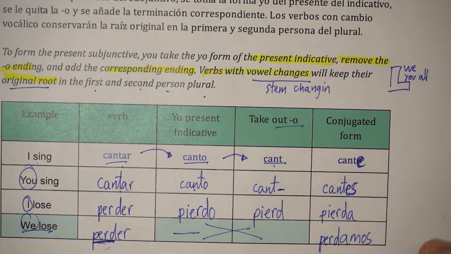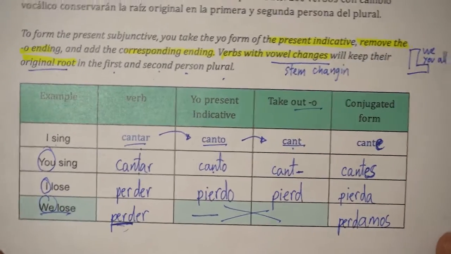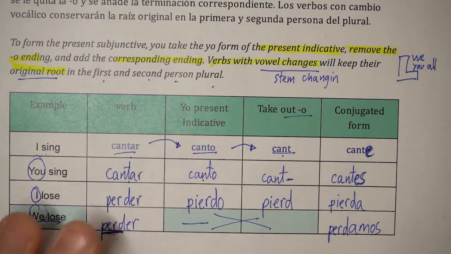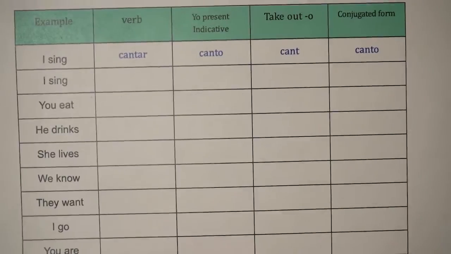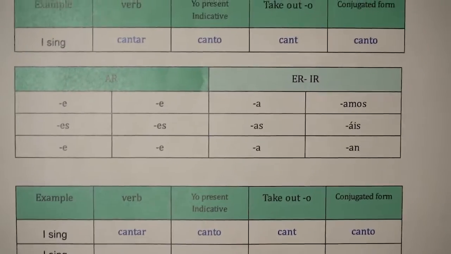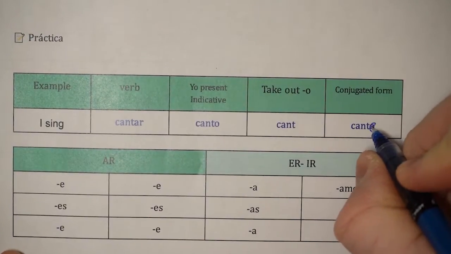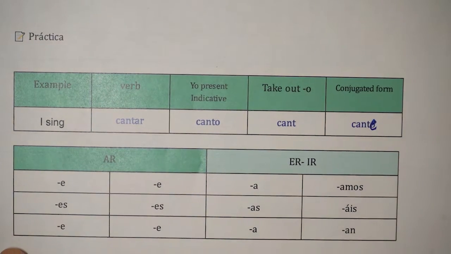Muy bien. Now that we are already familiar on how we conjugate the present in the subjunctive, I'm going to propose you to do some of the exercises that I'm giving you here, okay? This should be cante. Please correct it if it's wrong in your end.